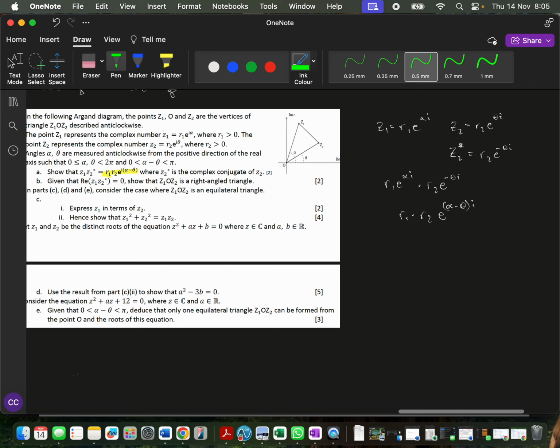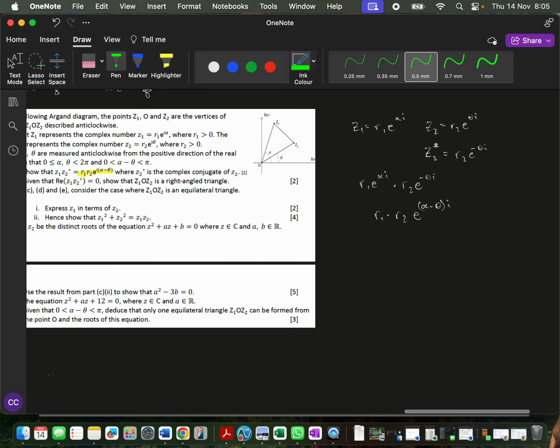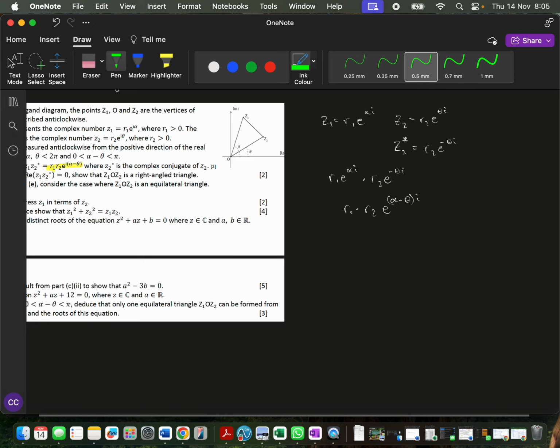Given that that equals 0, show that that is a right angled triangle. Okay, if that is equal to 0, the real part of this complex number is going to be r1 times r2 times the cosine of alpha minus theta.